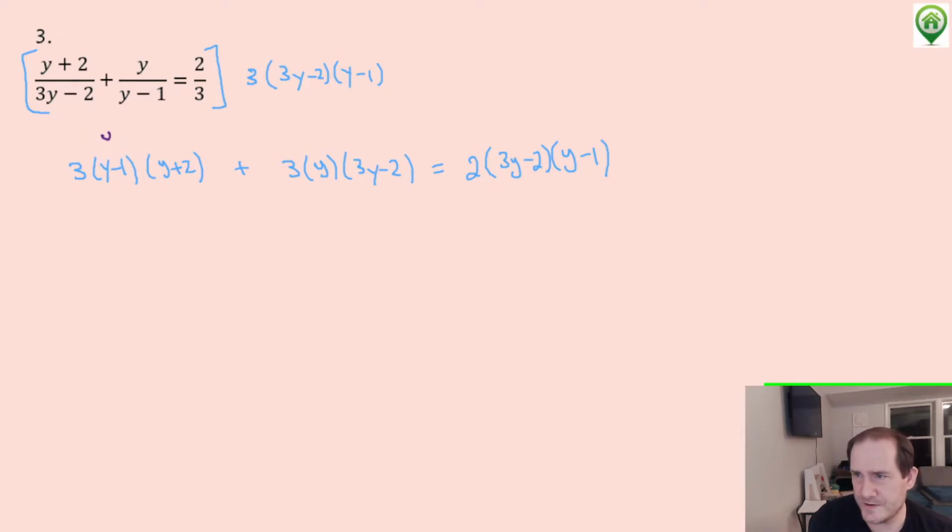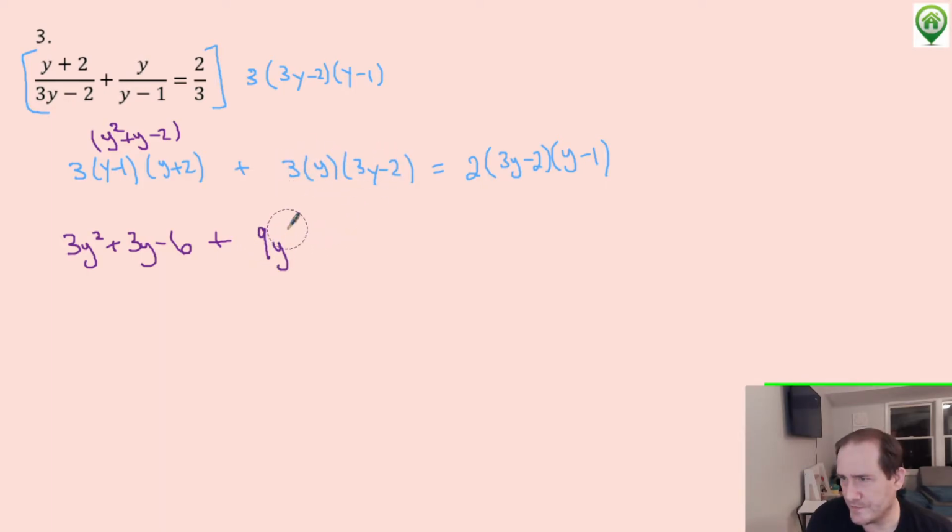So what's this going to be? Y squared plus 1y minus 2. And we'll distribute a 3 onto that to get 3y squared plus 3y minus 6. Here we're distributing 3y, so we'll get 9y squared minus 6y.